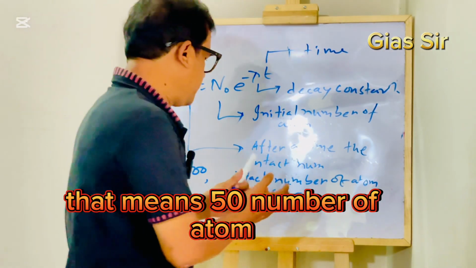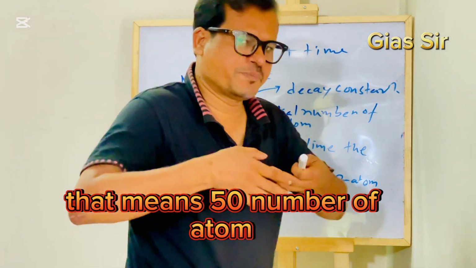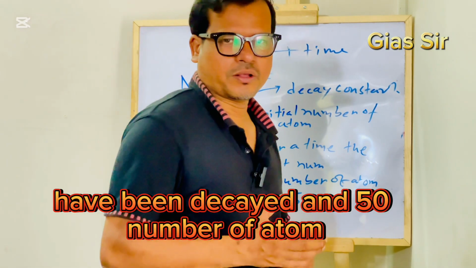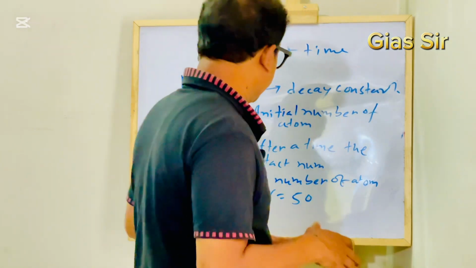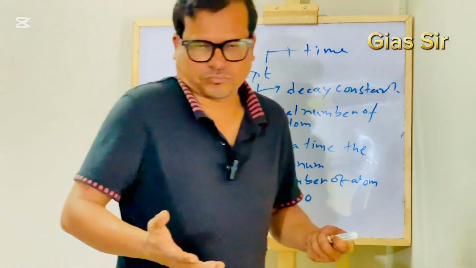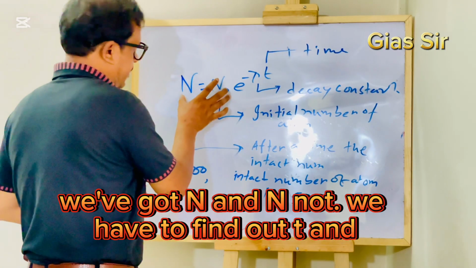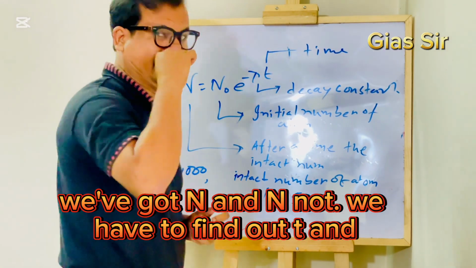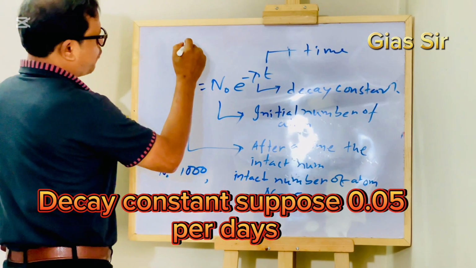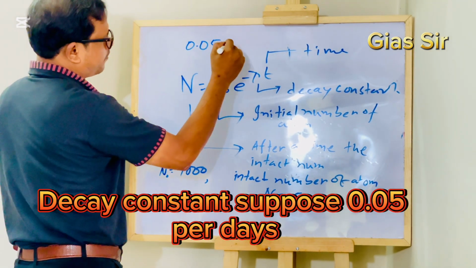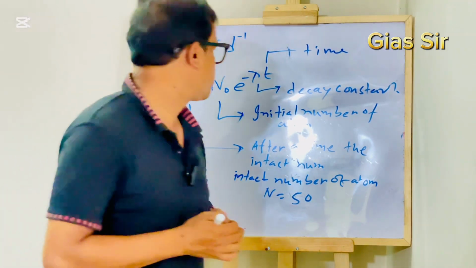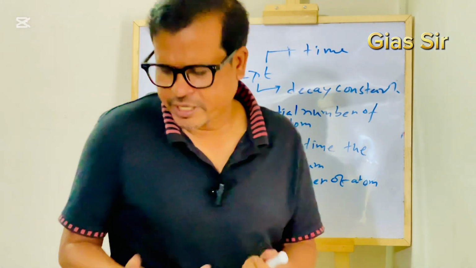That means 50 atoms have decayed and 50 atoms remained. This is the intact number of atoms. We have N naught, we have to find out t, and suppose the decay constant is 0.05 per day.